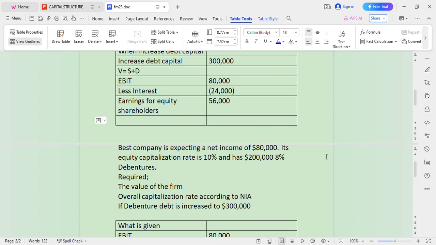Number 2, we need to establish S, because from the formula, to get the market value of equity, we said it is the earning of equity shareholders divided by the capitalization rate.